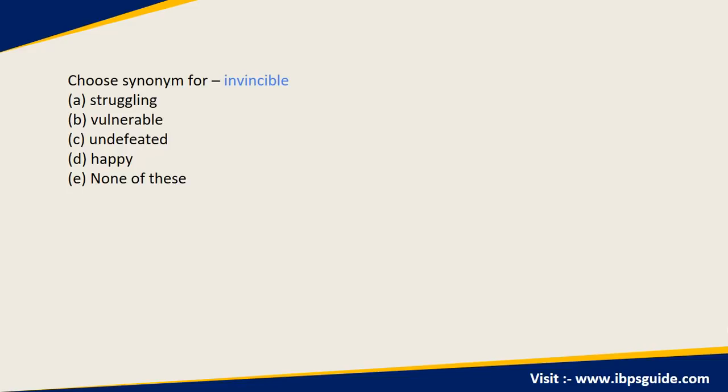The next two options are undefeated and happy. So in the passage that we've read so far, they're talking about the successfulness and the defeat of Novak Djokovic. So it has more to do with success and defeat rather than happiness and sadness, right? So the correct option has to be undefeated. And the answer is option C.